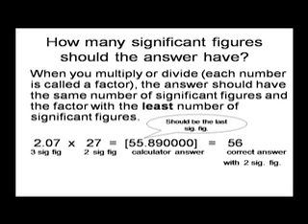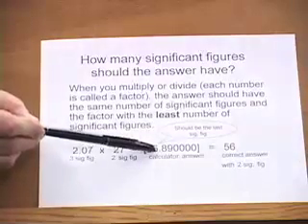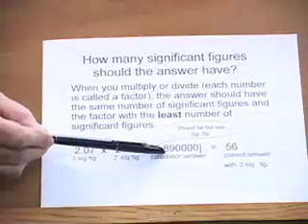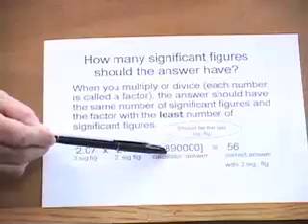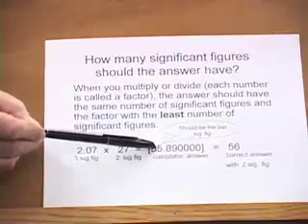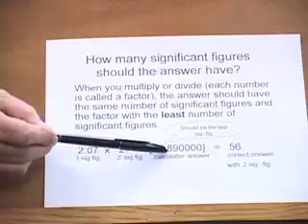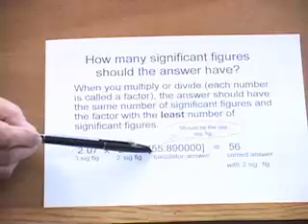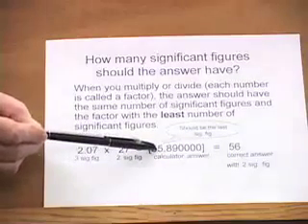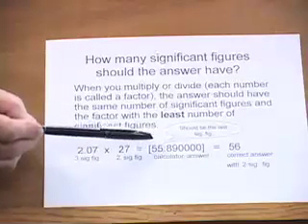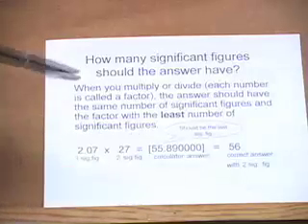And so I have to write my answer down as 56. And then you say, oh, but it was 55.something. Once you decide you're going to have 2 significant figures, you have to stop there and look at the figure to the right. If it's 5 or greater, then you have to increase this. If it's less than 5, just leave it. Since 8 is greater than 5, I had to report the answer to this problem as 56.